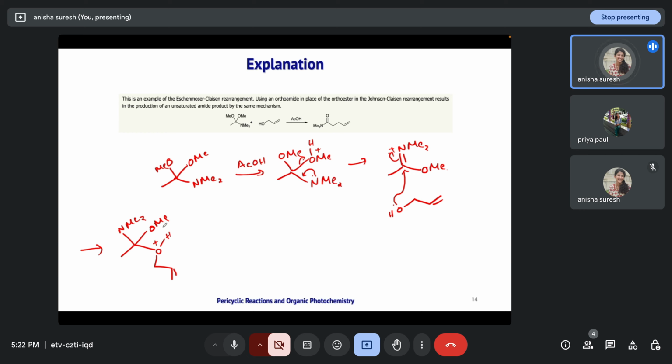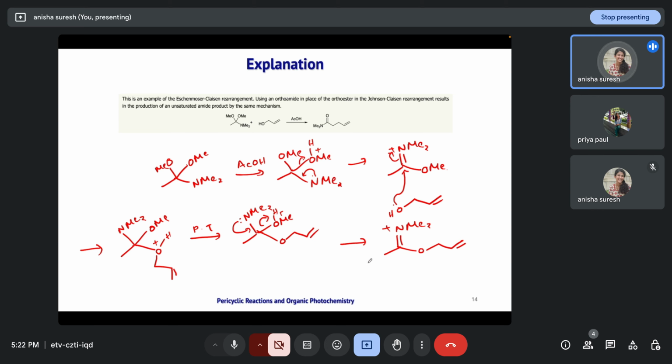Now proton transfer will take place, resulting in the formation of OMe H plus. Again, another molecule of methanol will be eliminated, resulting in the formation of another iminium ion, like this. Now, what will happen?